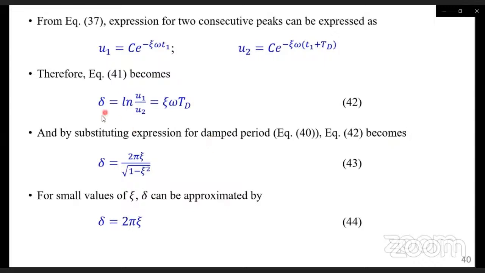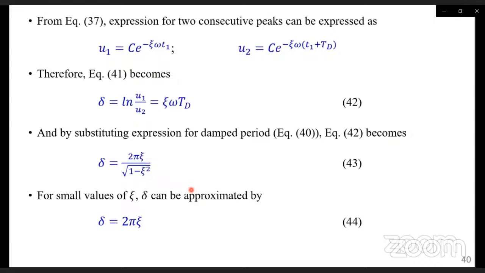So we have seen our logarithmic decrement can be expressed in terms of the damping ratio, and the damping ratio can further be simplified. So why are we doing all this simplification? Because when you are given a certain problem, there are always known values that are given.